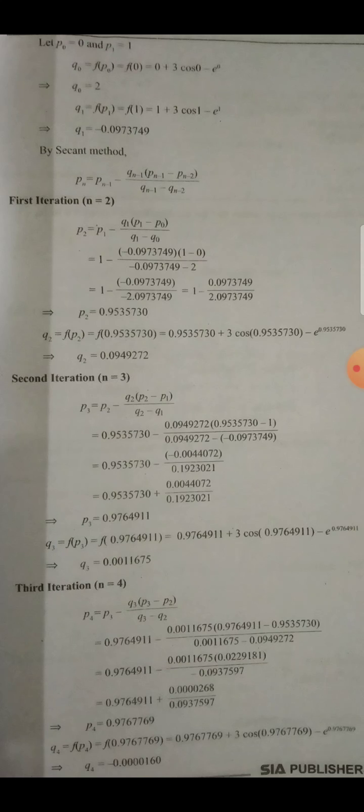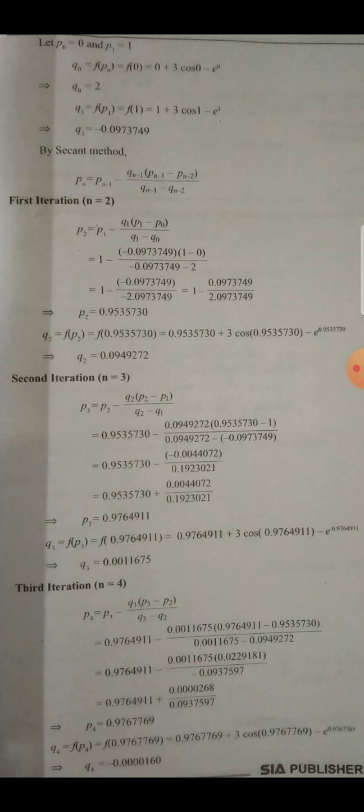This implies q2 equals 0.0949272. Second iteration for n equals 3. p3 equals p2 minus q2 into p2 minus p1 by q2 minus q1.